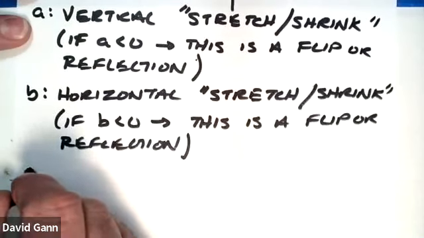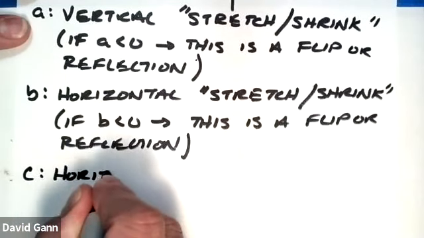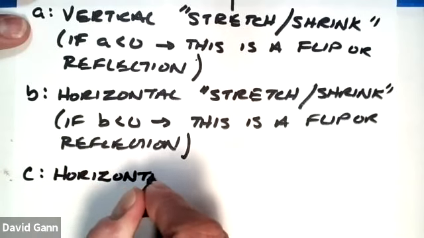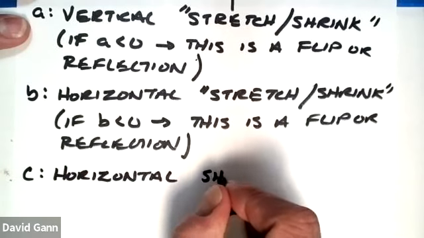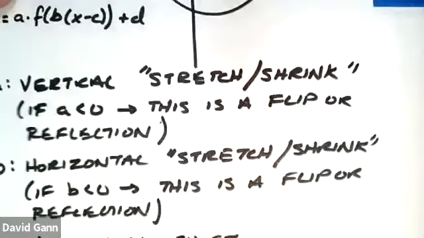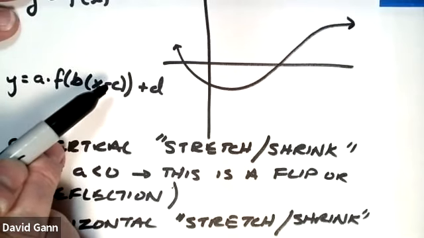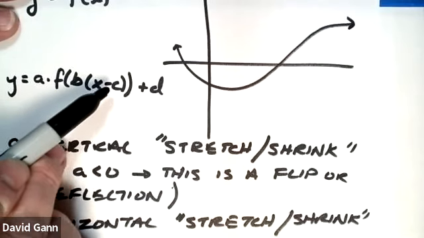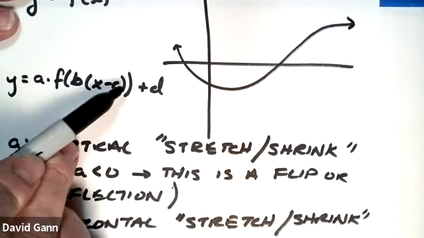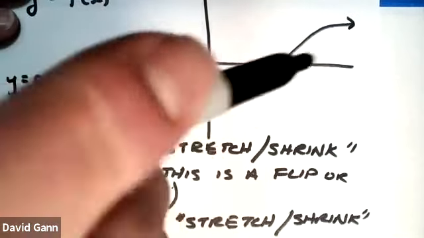Now, C is what's called a horizontal shift. And what that means is, notice there's a negative sign here. That's critical, because if C is a positive number, then this whole quantity is negative, but that represents a shift in the positive x direction.